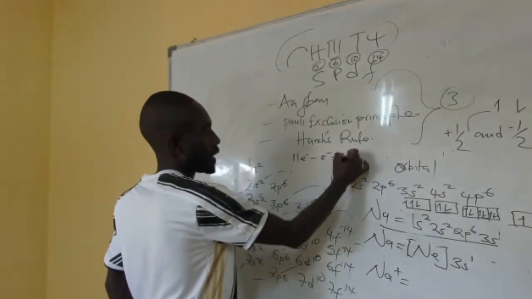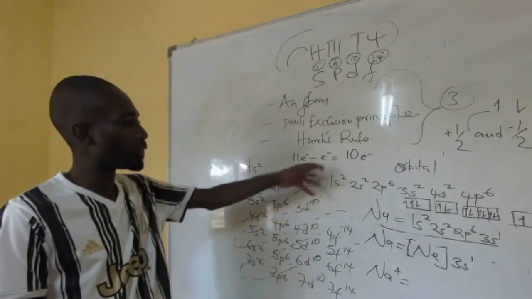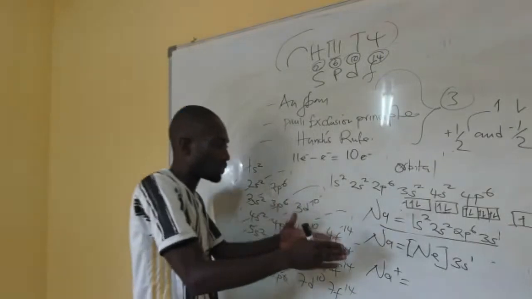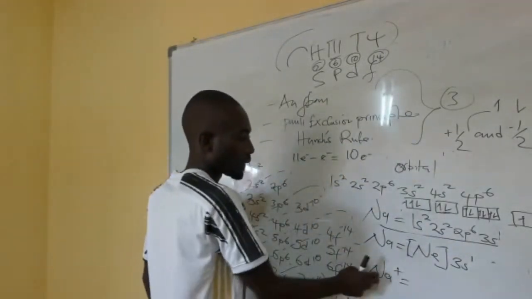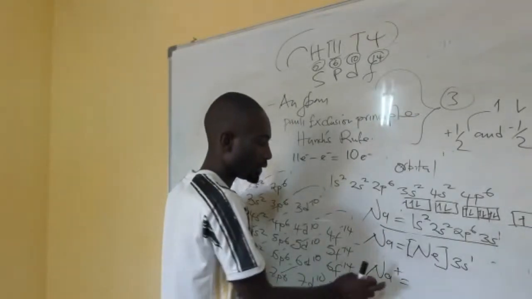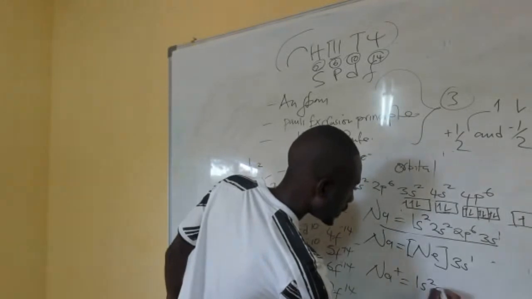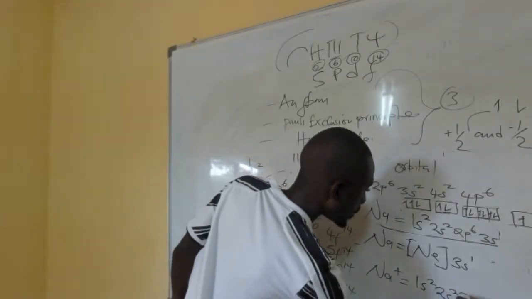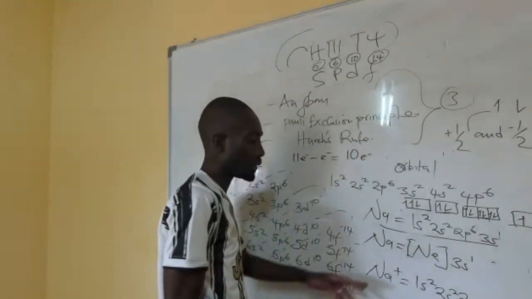So therefore we remain with 10 electrons that we have to distribute on the arrangement here. So we have 1s2, 2s2, 2p6.